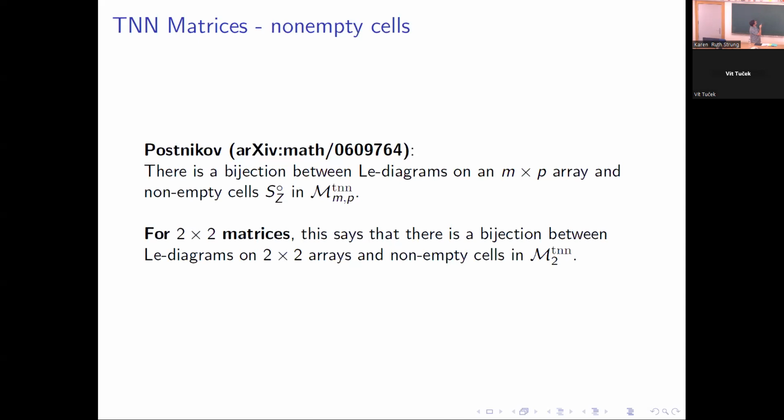So how many diagrams can you form? Each box can be a 0 or 1. So you have 2 to the 4 possible diagrams, and 14 of them are Lie diagrams. So there are only 2 which are not Lie diagrams. It's very easy to see that this is right. So I have to be a bit careful.